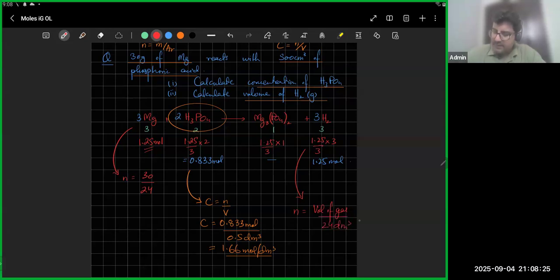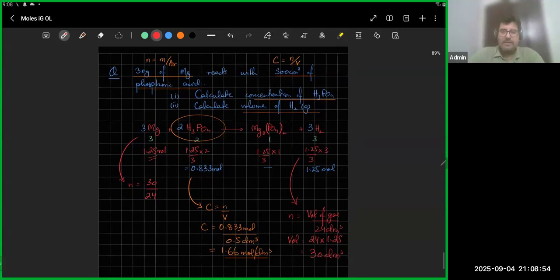So the volume of gas is going to be 24 times the moles, which is 1.25. What is 24 times 1.25? That's 30. And it will be in decimeter cube.